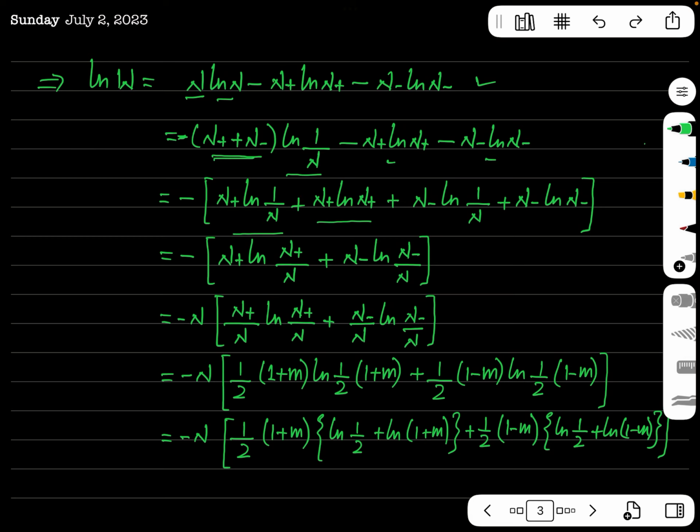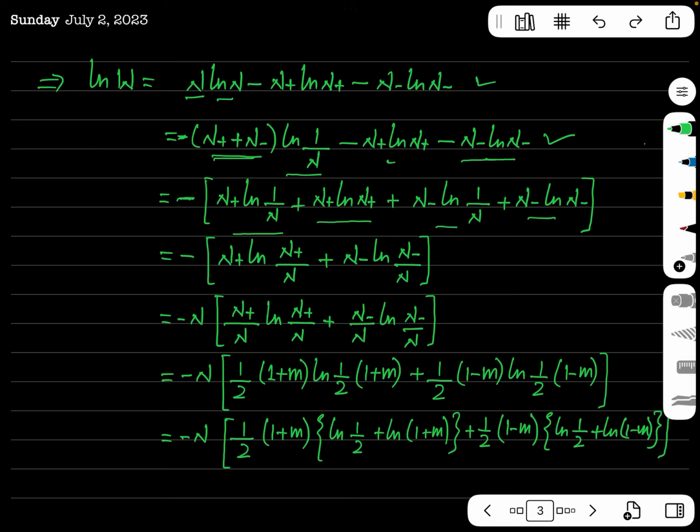So here there will be plus, because we have taken this minus as a common factor, and all the terms in this expression are negative. So when you take minus as a common factor, all terms will be positive inside the bracket. So here there is a plus sign. And this n minus times ln 1 by n, I have written it here, and the remaining term, n minus ln n minus, has been written here.